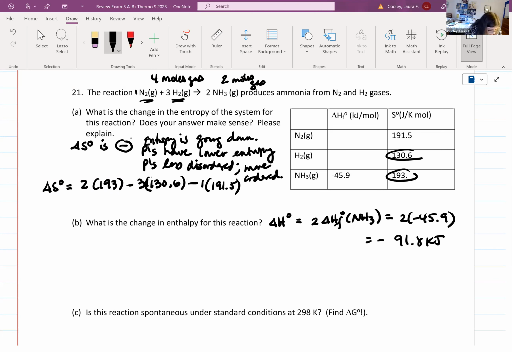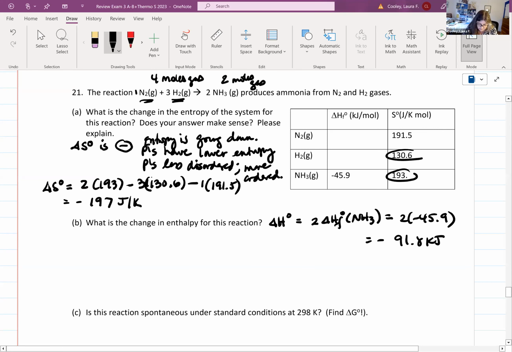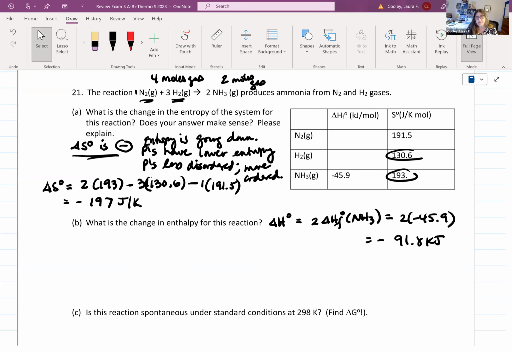And you can see that it comes out to negative 197, which indeed is negative. So it goes along with what we already knew, that it's negative. So we have a negative delta S.